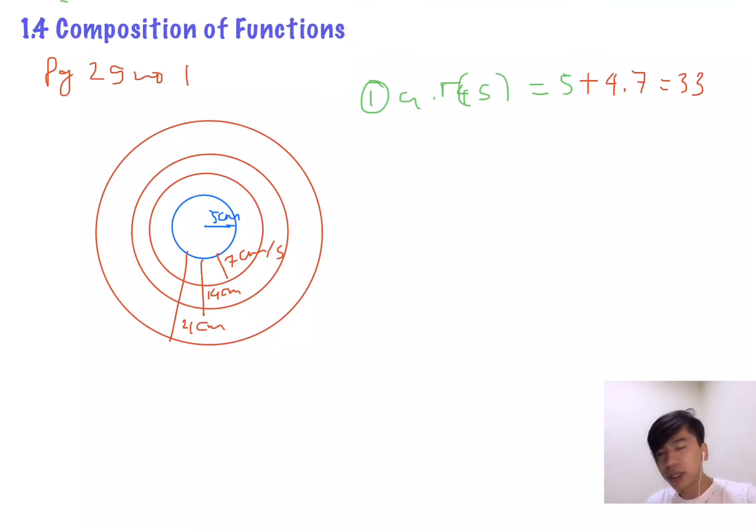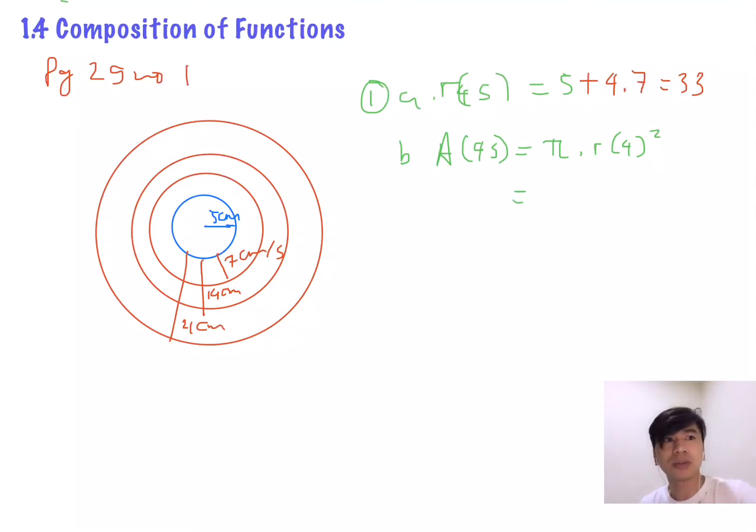B, use the radius at time 4 seconds to find the area of the spot. So the area at 4 seconds will be pi times the r of 4 squared. Remember, this is not r times 4 squared, this is the r of 4.